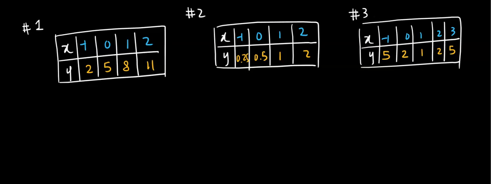So check 1. Increments here from -1 to 0, add 1. 0 to 1, add 1. 1 to 2, add 1. So the increments between successive x values are equal. Let's check this again.